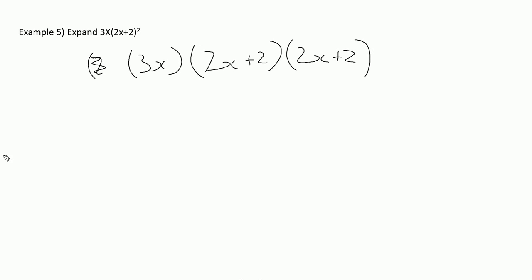One second, I do apologise, this is supposed to say 2x, just make that a bit clearer. So the 3x is written out front, put it in its own brackets for clarity, and then this double bracket here is implied by this squared sign, because this squared sign means everything in the brackets times by itself twice.